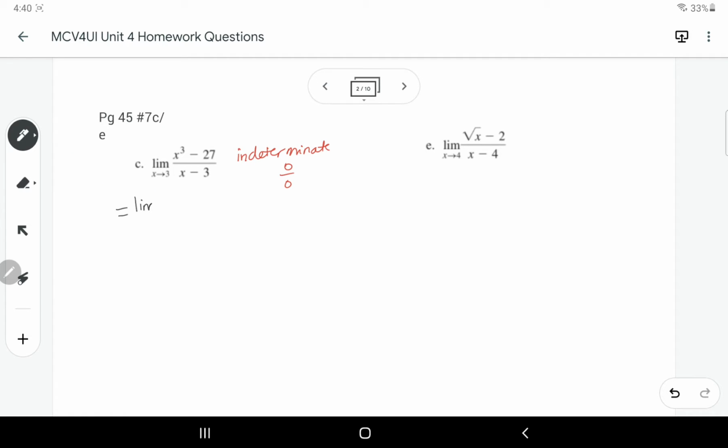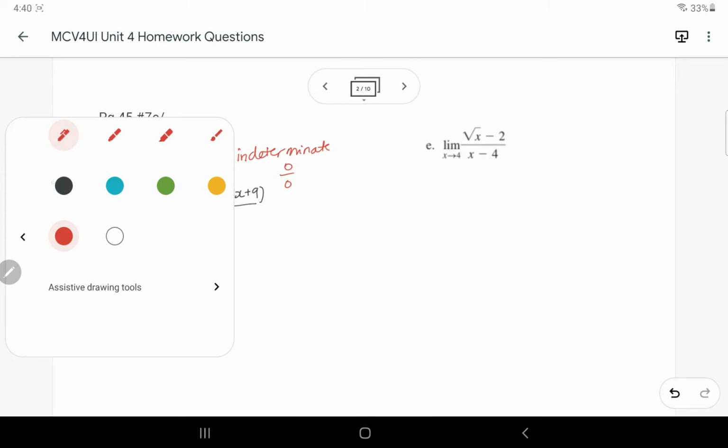So this is going to be, keeping the limit notation is important here, and we have a difference of cubes in the numerator. So that's x minus 3 times x squared plus 3x plus 9 over x minus 3. And then this can reduce top and bottom.